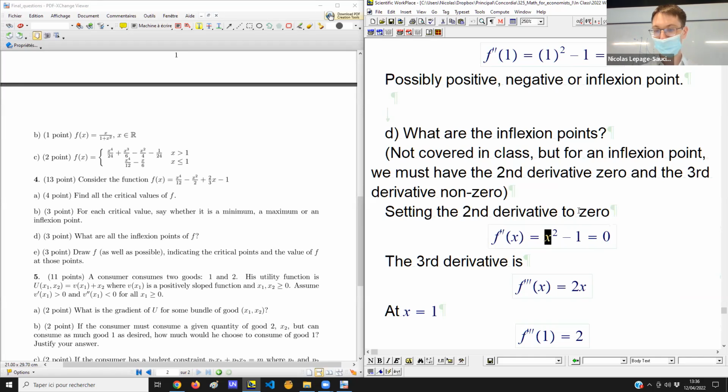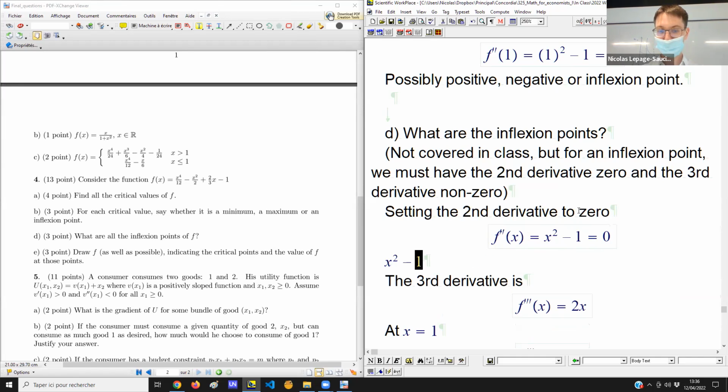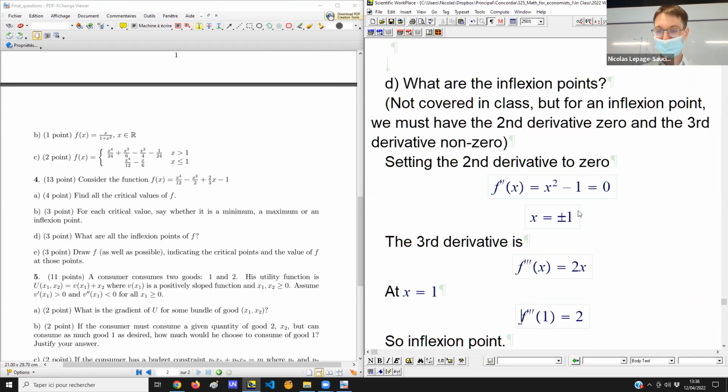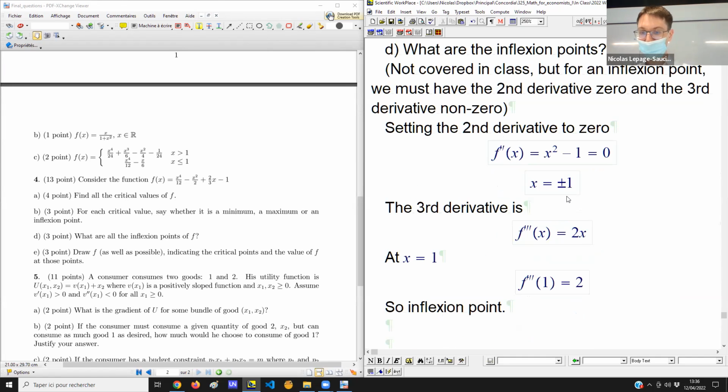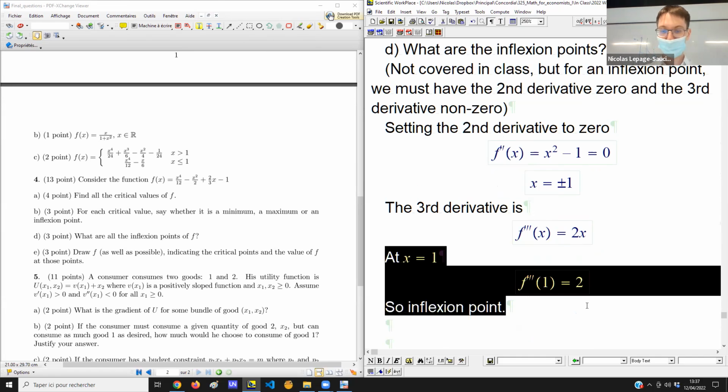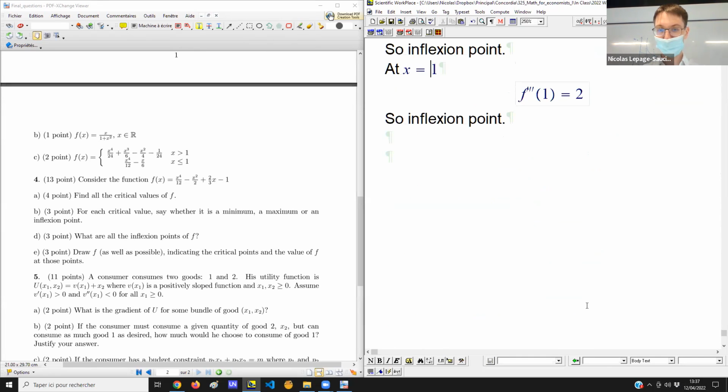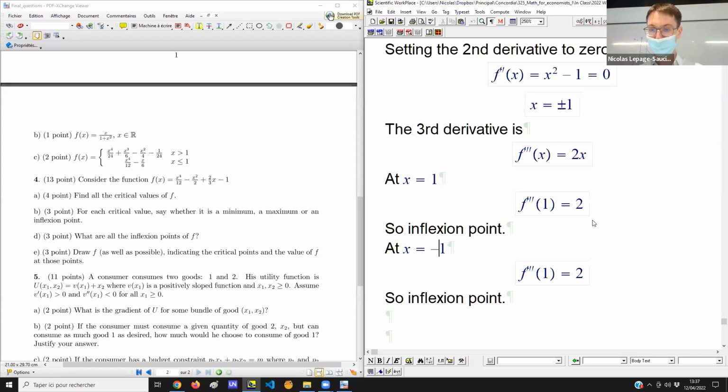So I get x equals plus or minus 1. And then let's try, so at x equals 1, we get an inflection point, and at x equals minus 1, we get minus 2. So another inflection point. All right, so that was D.